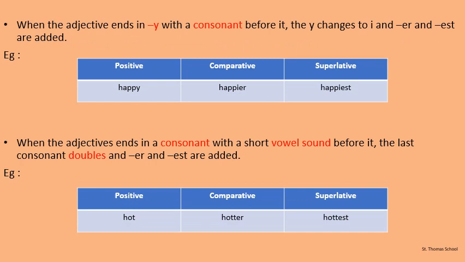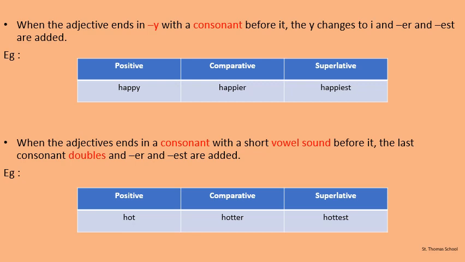Next point: when the adjective ends in Y with a consonant before it, the Y changes to I, and ER and EST are added.